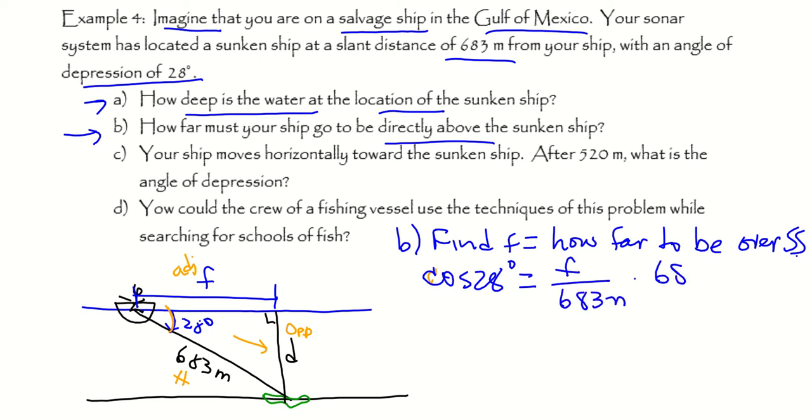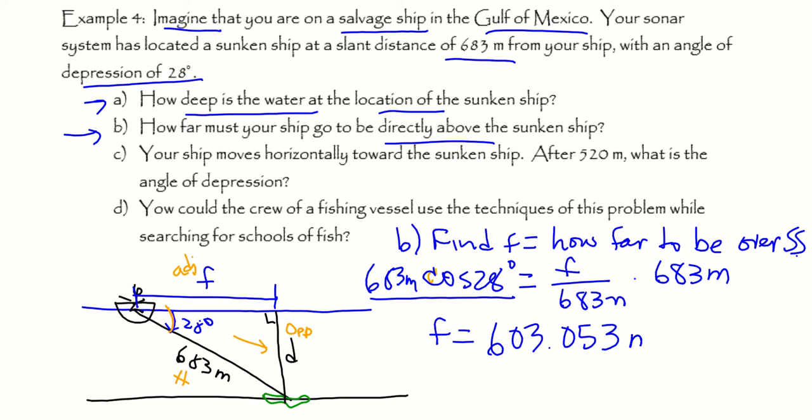If we multiply both sides by 683 meters, we get that F is equal to this product, and if we put that in our calculator, we get 603.053 meters. So that's our answer to B.